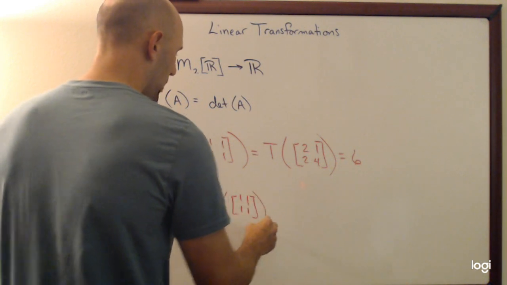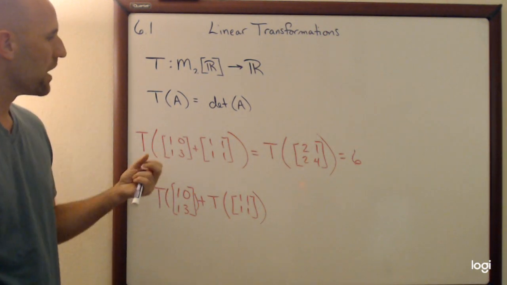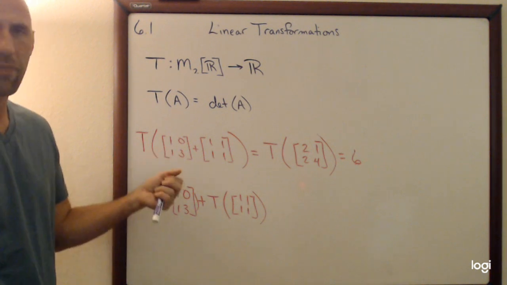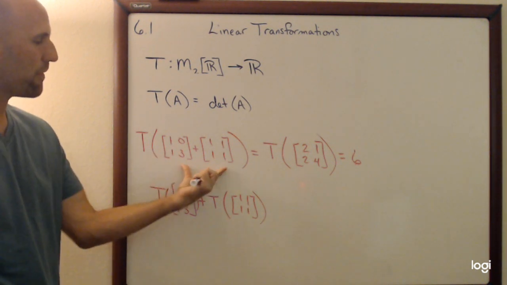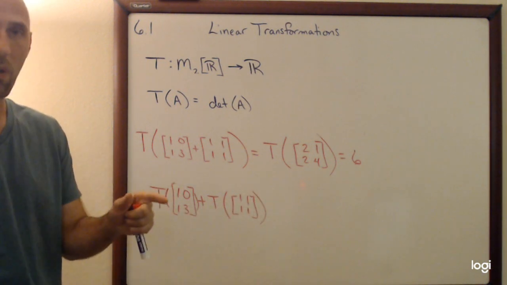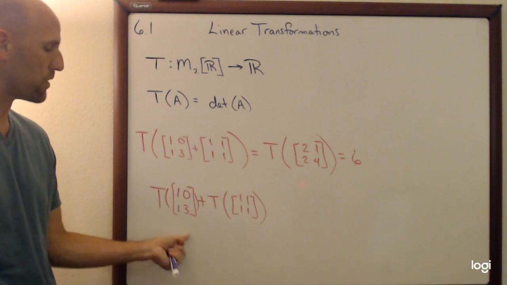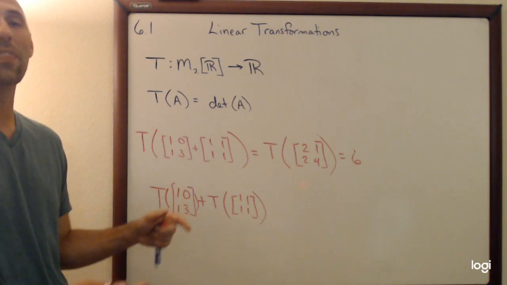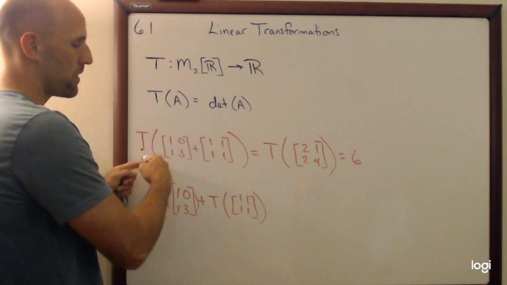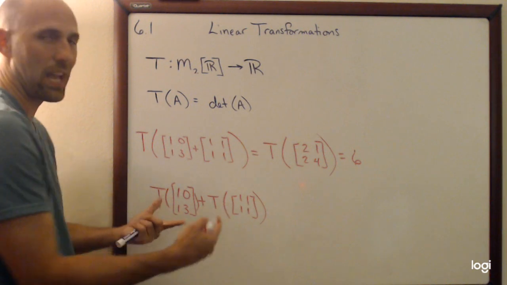And so really what I'm comparing here is, I'm wondering, is this transformation going to have the same effect whether I add the vectors together first, then apply the transformation, or if I take the transformation of each one individually and then add them afterwards, right? So in this case, I'm adding the vectors first, then doing the transformation. Here I'm doing the transformation first and then adding them afterwards.